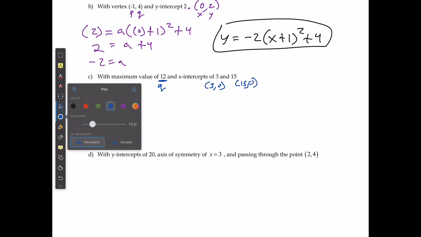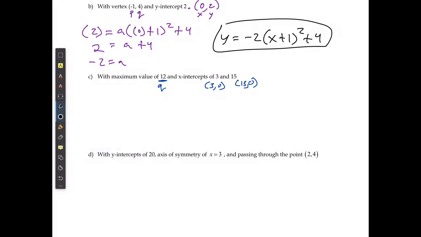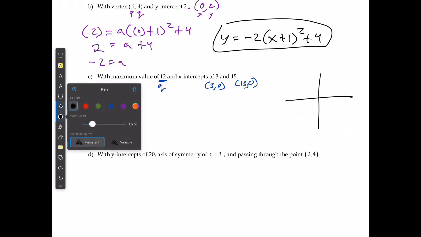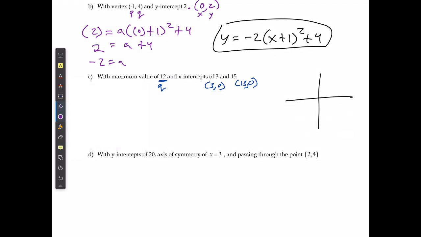And the other thing that I consider is that if I have my quadratic, it has x-intercepts at 3 and 15 and a maximum at 12, it's going to expand out from that maximum evenly from the axis of symmetry.